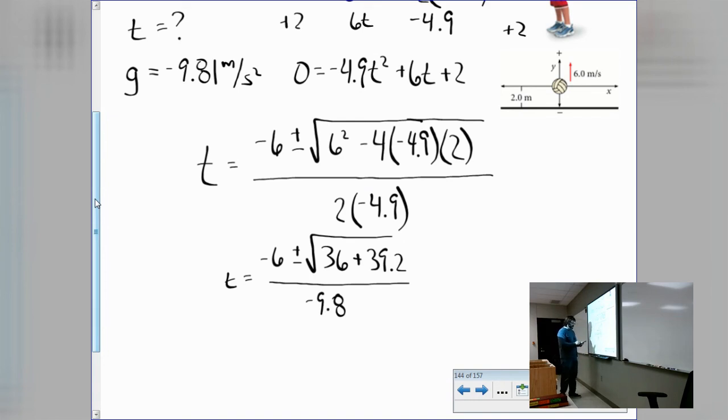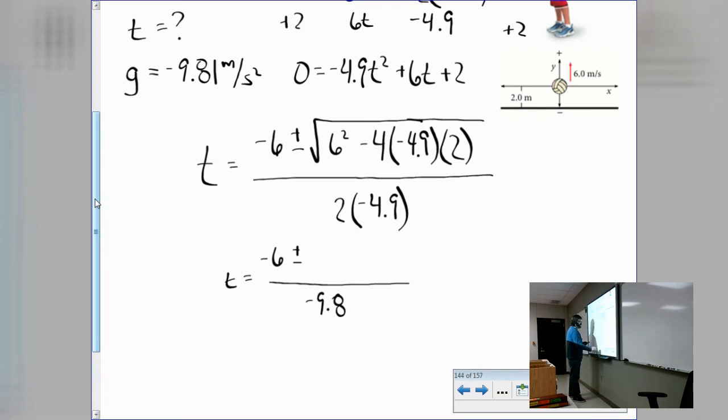Now I can combine 39.2 plus 36. That becomes 75.2. So it's the square root of 75.2. What is the square root of 75.2? It's 8.67.